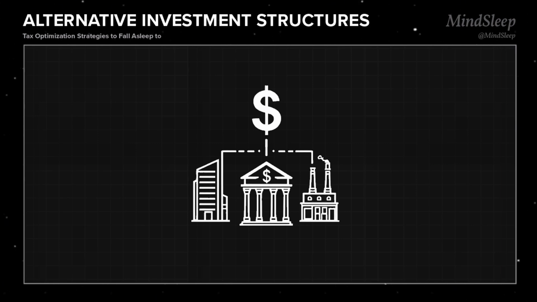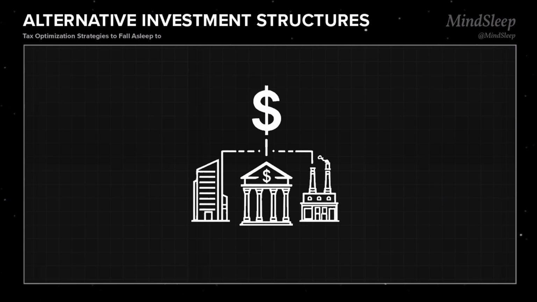These investments are not subject to many of the regulations that govern public offerings, allowing for more flexibility in structuring. From a tax perspective, private placements can offer several advantages. For instance, they may provide opportunities for investors to defer income recognition or to receive preferential tax treatment on certain types of income.